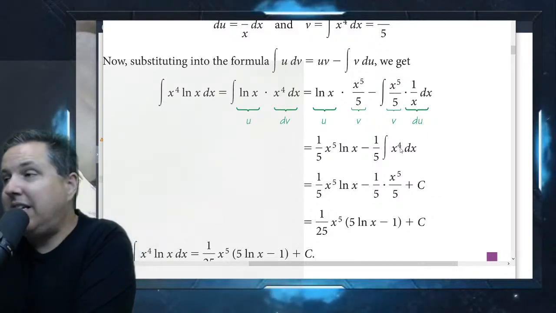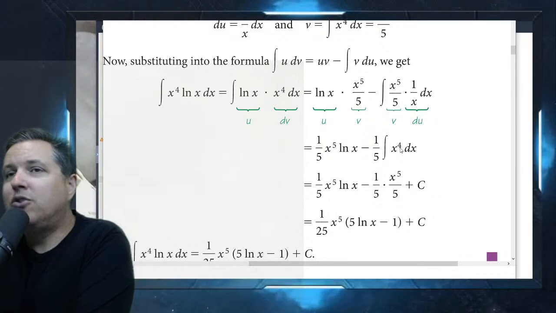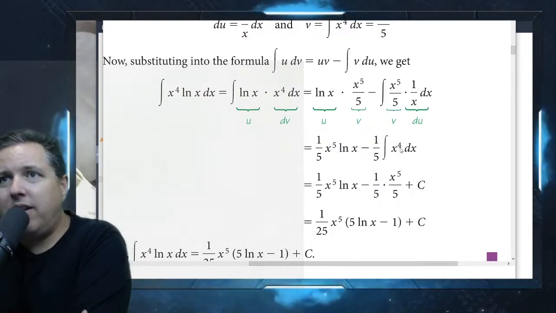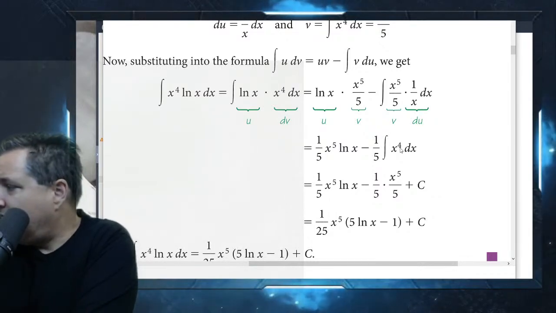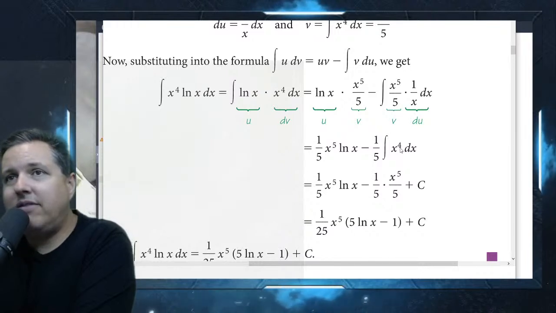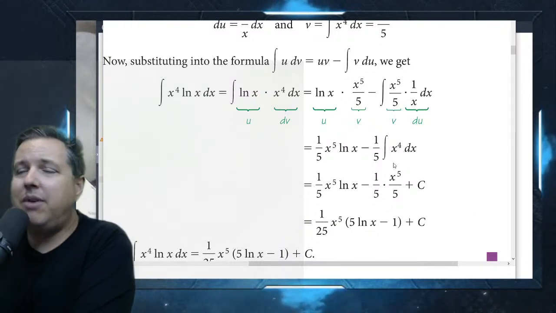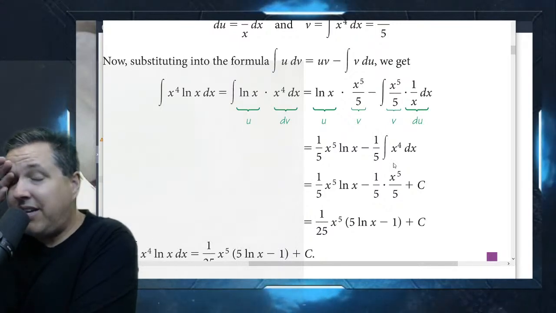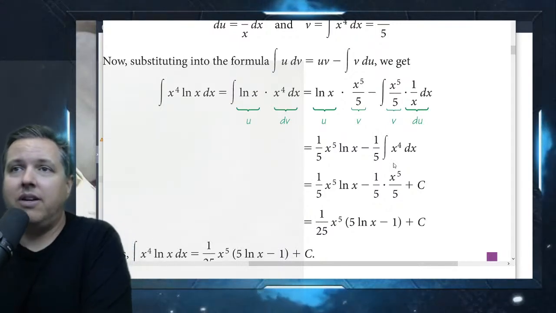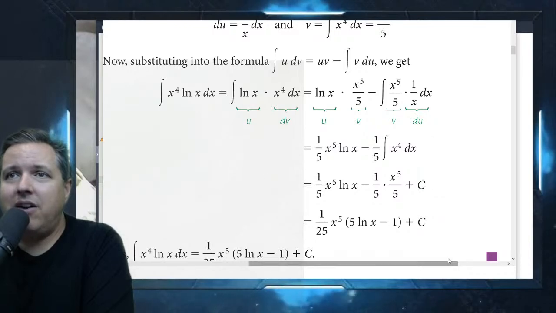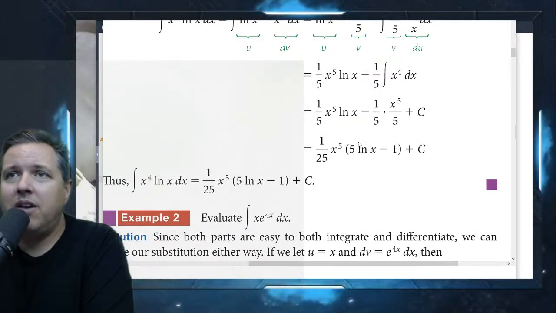In fact, we already did it once in this problem, right? So you raise the exponent by 1 to get x to the 5th, and then divide by 5. And then, of course, we have to remember to add the plus c on the end because we are doing an indefinite integral. Okay, so simplifying all that down just becomes this thing at the bottom, and that's good to go.